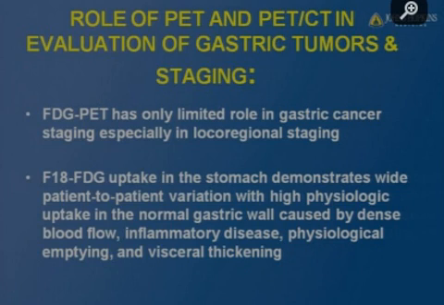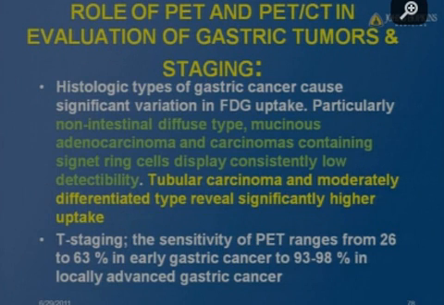But if we see it, as we showed another example, that's important. And there is a high variability with the FDG activity in the stomach from patient to patient due to high physiological uptake in the normal gastric wall that can be caused by dense blood flow. It can be due to inflammatory diseases, physiological emptying, and visceral thickening.